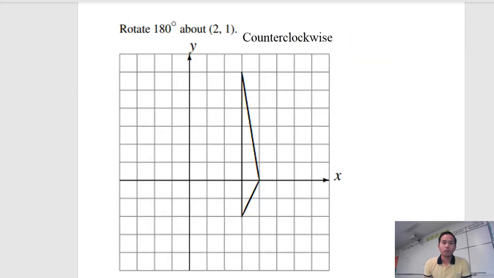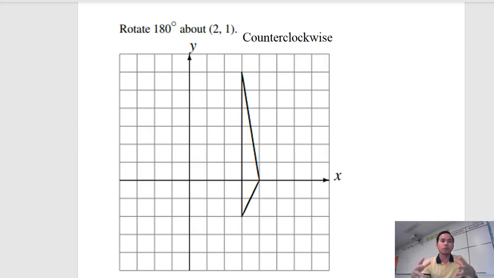Now our next example is that we are going to rotate 180 degrees about a certain point, which is 2, 1 on this problem, counterclockwise. The thing is, how are we going to use those rules on this type of problem, because the rotation is not at the center?